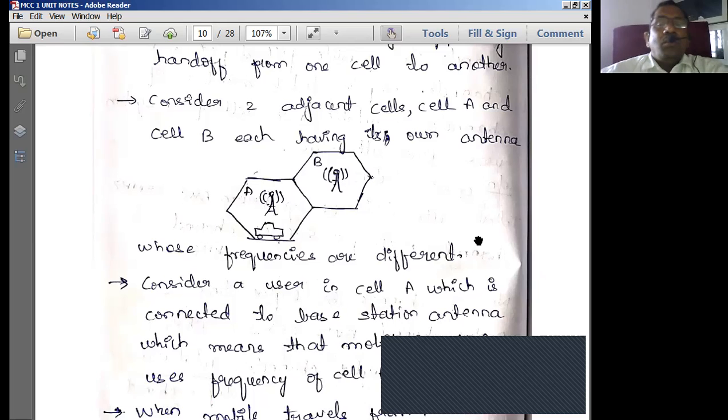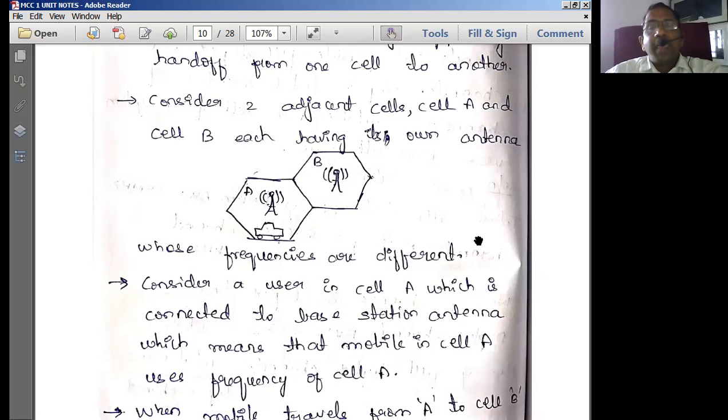Now what is the meaning of handoff? See this, a simple mobile unit, a car, has been represented here. In this car there is a user of a mobile unit, and this mobile station is connected to this particular base station. Until this mobile station is in the coverage area of cell A, there is no problem with the connection of the signal with this base station.